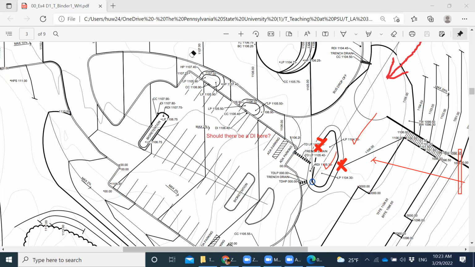So check one more thing. After looking at this area, I would actually suggest that you don't have a trench drain that goes this way, because again, this is dirty water. This is clean water, right?